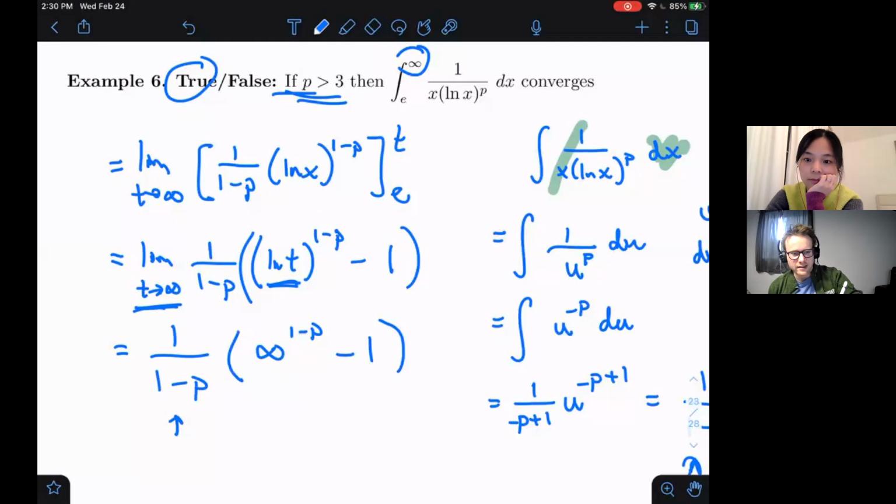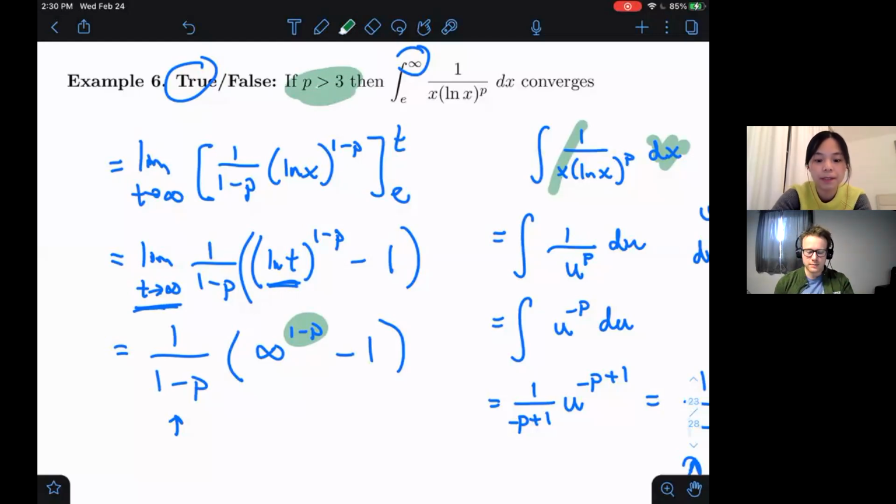Yeah, someone said that the infinity flips, and that's absolutely true, right? So because p is greater than 3, check what this is. If p is greater than 3, if it's 4 or 5 or 6 or 7 or something like this, 1 minus 4 or 5 or 6 or 7, those are all going to be negative numbers. So this is really raised to a negative exponent here.